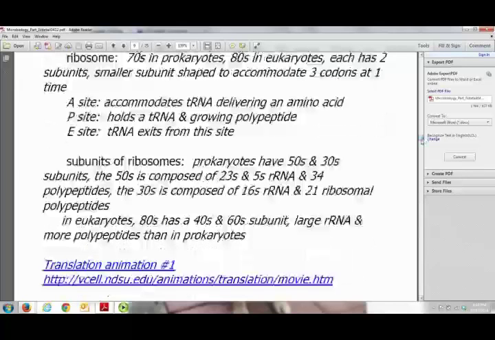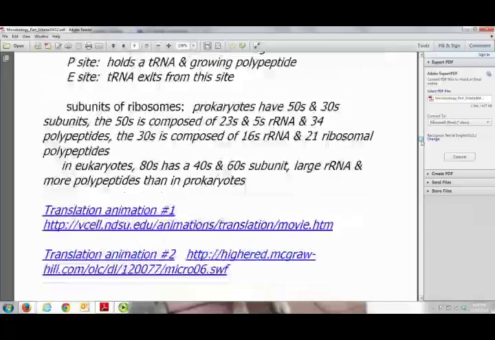So when we look at the subunits of the ribosomes, the prokaryotes are going to have 50S and 30S subunits. The 50S subunit is composed of a 23S and 5S ribosomal RNA and 34 polypeptides. The 30S is composed of the 16S ribosomal RNA and 21 ribosomal polypeptides. In eukaryotes, you have the 80S ribosome that's going to have a 40S and 60S subunit.